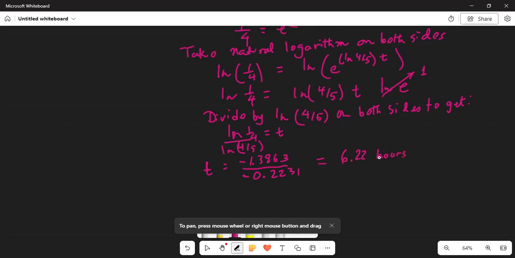It means by 6.22 hours, 75% of the initial amount of 20 grams will be consumed in the chemical reaction, and only 20 minus 15, which is 5 grams, will be left over at 6.22 hours.